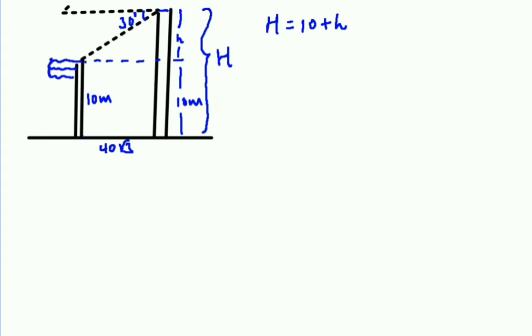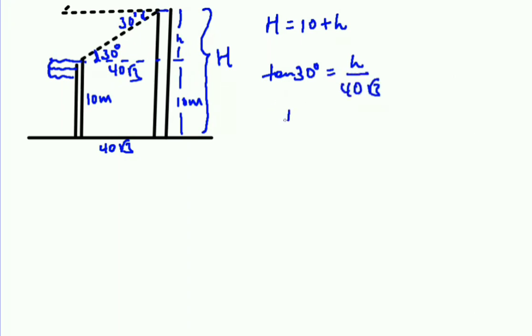Therefore, since this is 40 root 3, this will be 40 root 3. And using the concept of geometry, if this is 30 degree, definitely this will be 30 degree. So apply trigonometric ratio. Now tan of 30 degree is equal to h over 40 root 3.